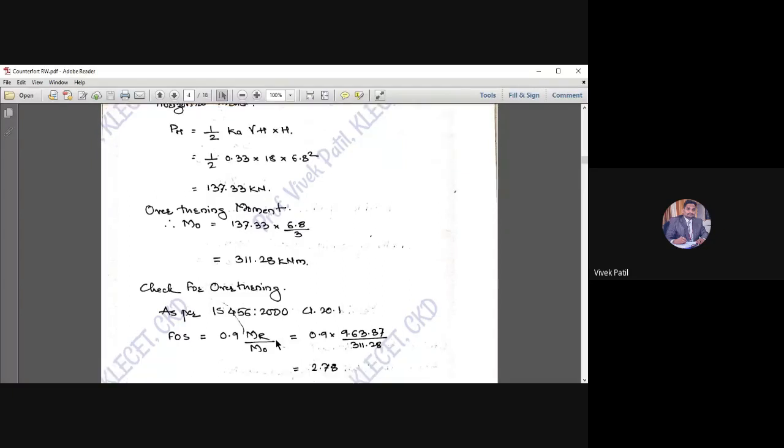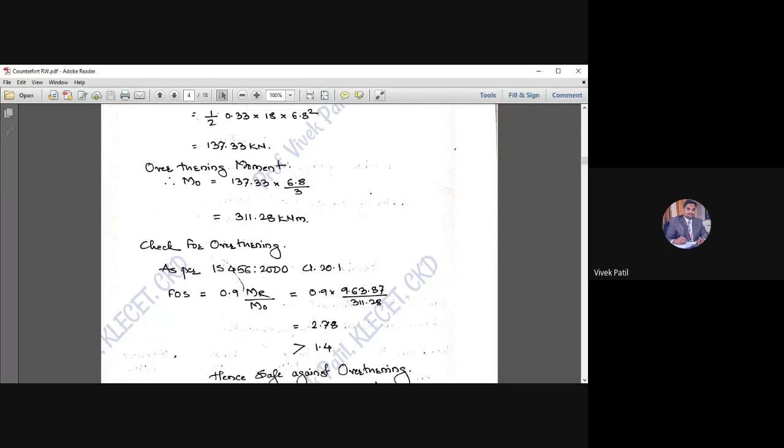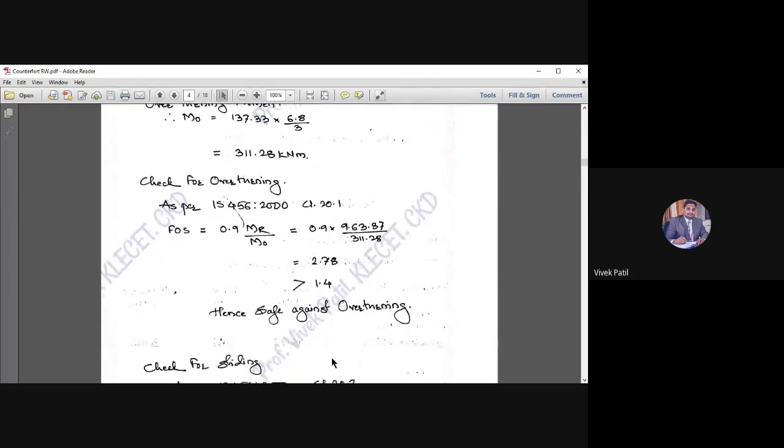So the factor of safety is 2.78, which is greater than 1.4, hence safe against overturning. Whatever dimensions we have fixed, it will be safe for the overturning moment. Okay, so now we'll go for the check for sliding.